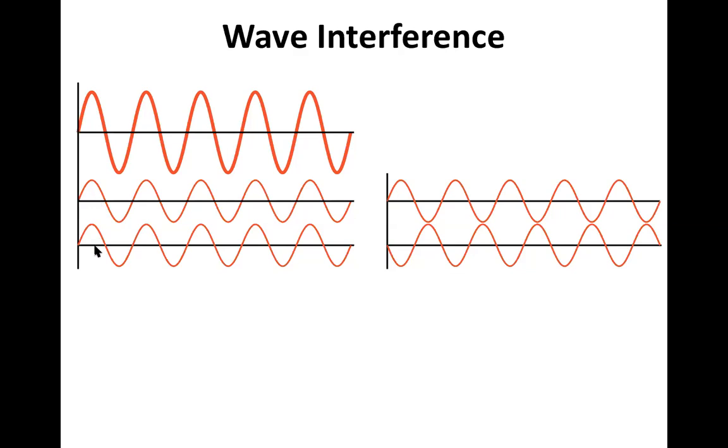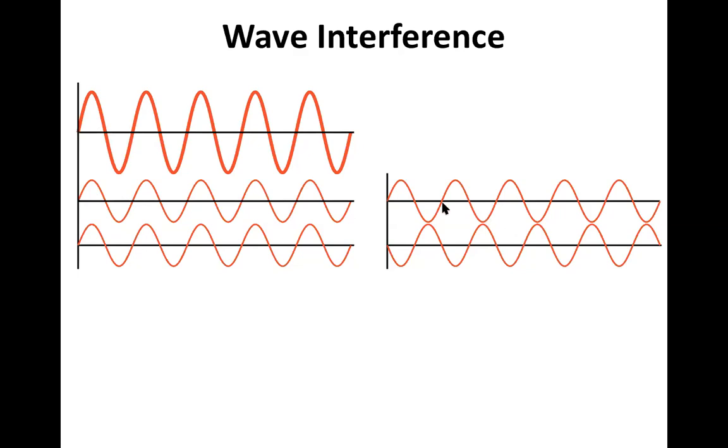If we add two sounds together with the same pitch, we just get a louder sound of the same pitch. So the nodes all line up, the crests all line up, the troughs all line up, but notice the amplitude has gotten bigger, both for the crest and the trough.